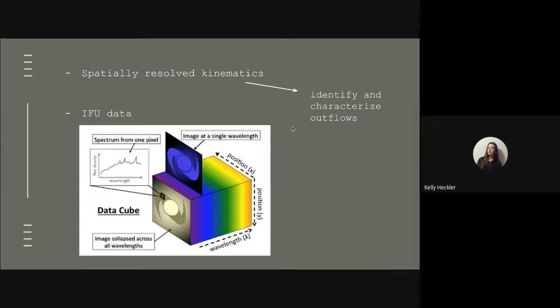One of the telescopes used for this type of observation is the Gemini telescope, with which we get data in three dimensions, with two spatial dimensions and a spectral dimension.